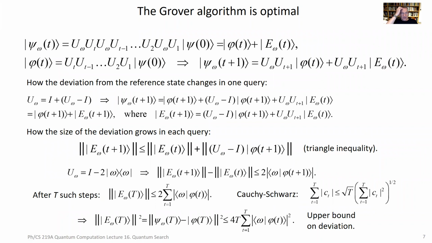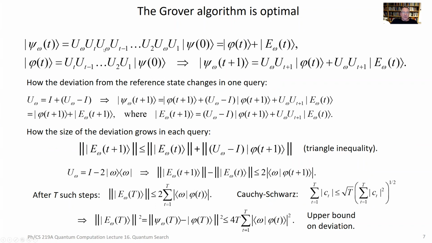Okay. So just repeating some of the things I just said, psi omega of t is the result of doing, here now I have little t, because I want to see as t increases how this deviation is going to be affected. So this is after I've done little t queries with unitaries of my choice, U1, U2, etc., in between the queries.